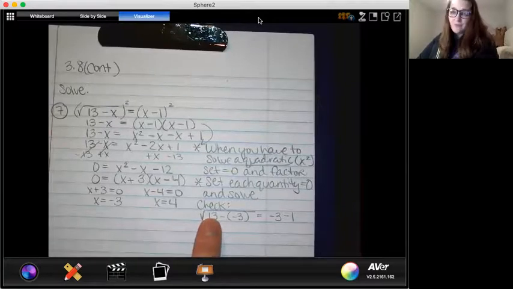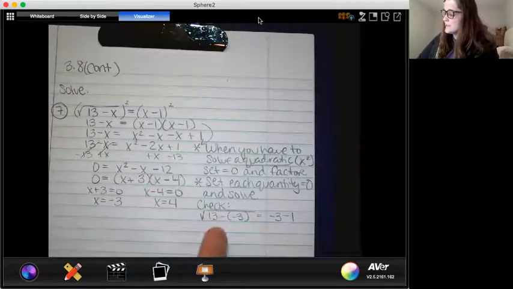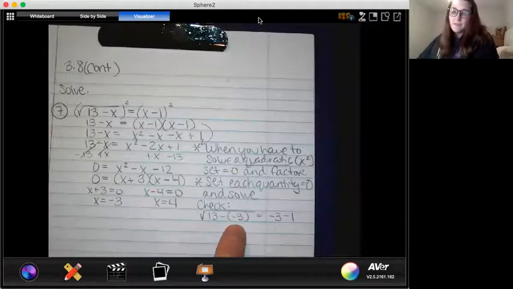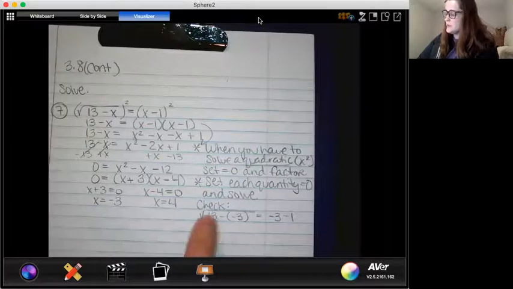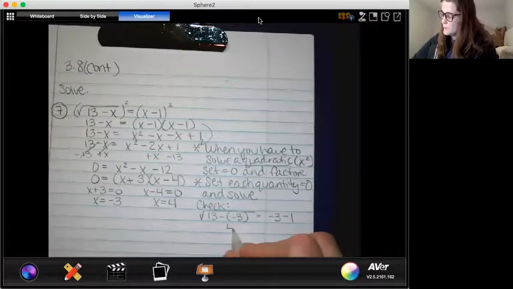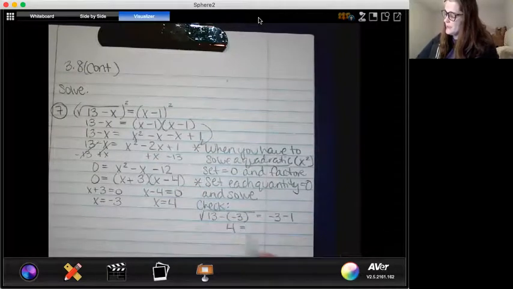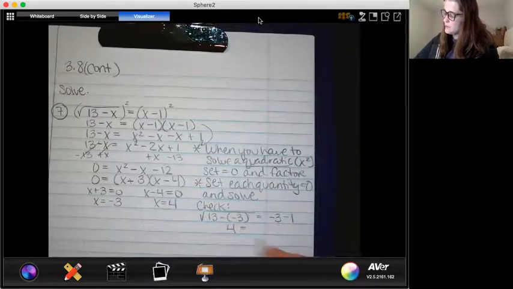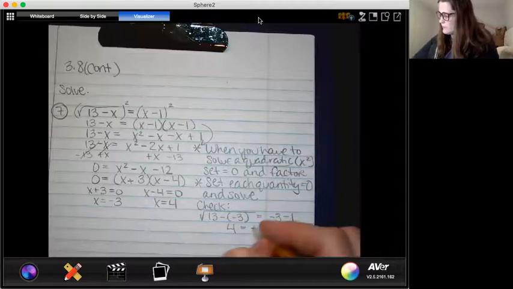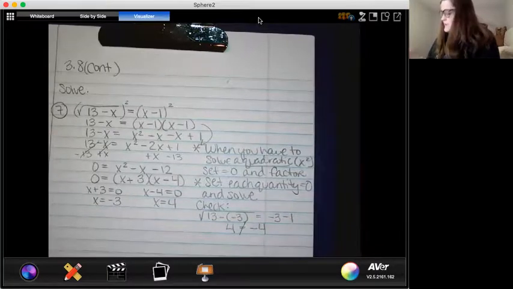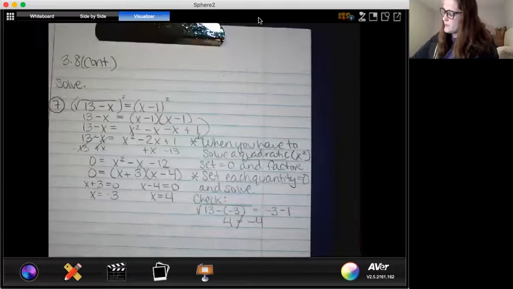If you need to write it out, please write it out. 13 minus negative 3. So minus a negative is positive. So 13 plus 3 would be 16. Square root of 16 is 4. Okay, and that equals negative 3 minus 1, which is negative 4, which isn't true. And we'll come back to that in just a sec. What does that mean for us? Let's try the other one.